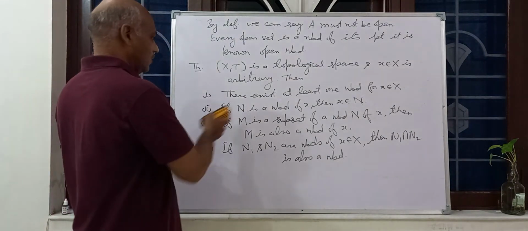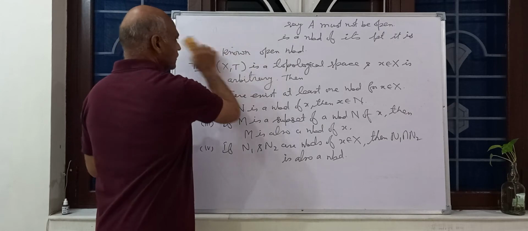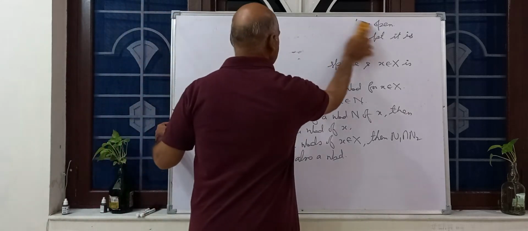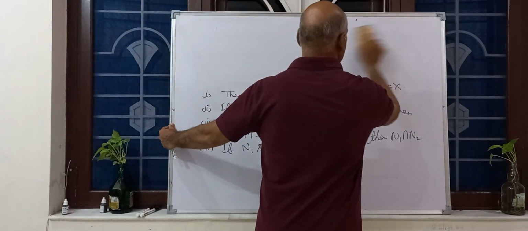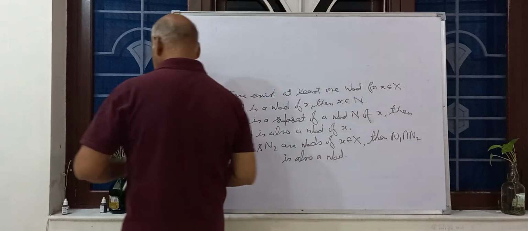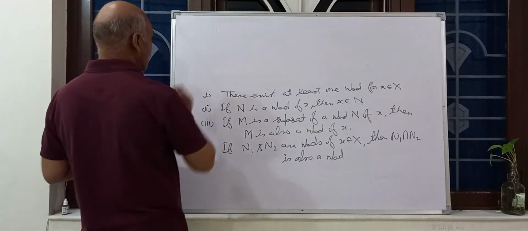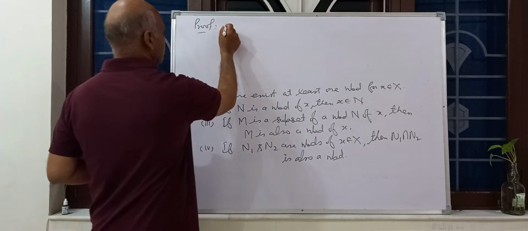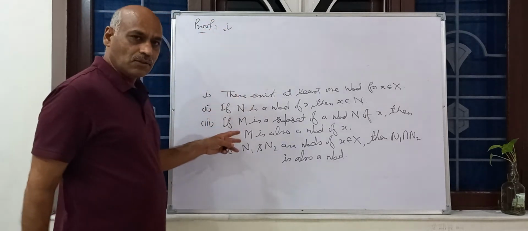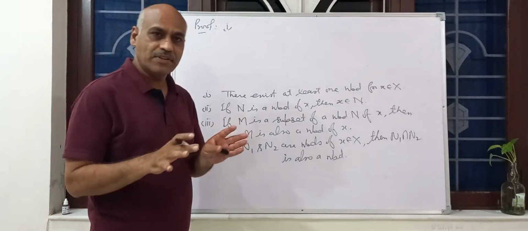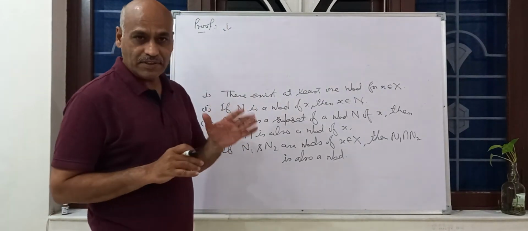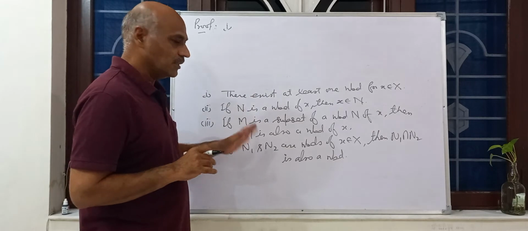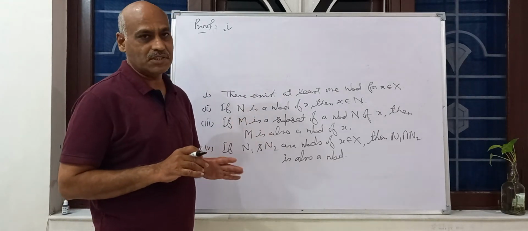So now we will use the definition. These all depend on the definition. If we understand the definition clearly, then these are very simple. We have to use only definitions here.